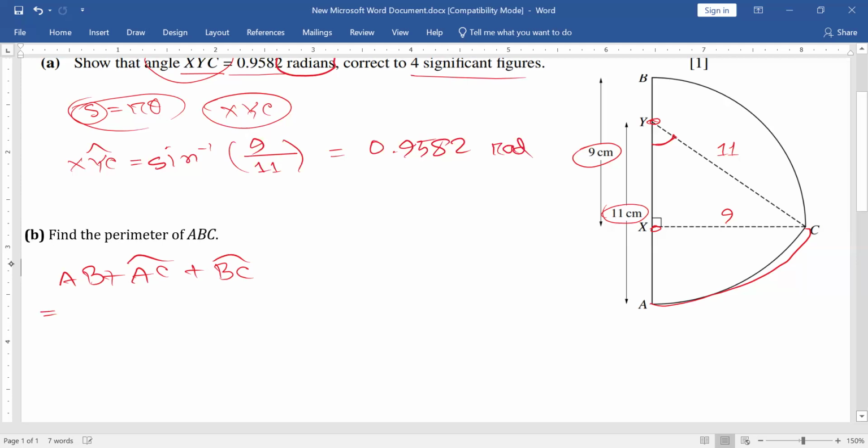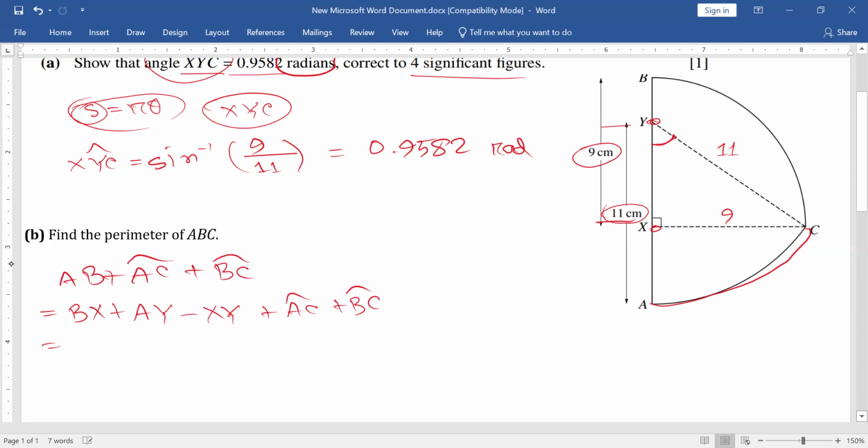We can use BX, as we know the value of BX, plus AY, but we added this portion, XY, 2 times. So we have to subtract XY one time. And then arc AC plus arc BC. Now it's easy.